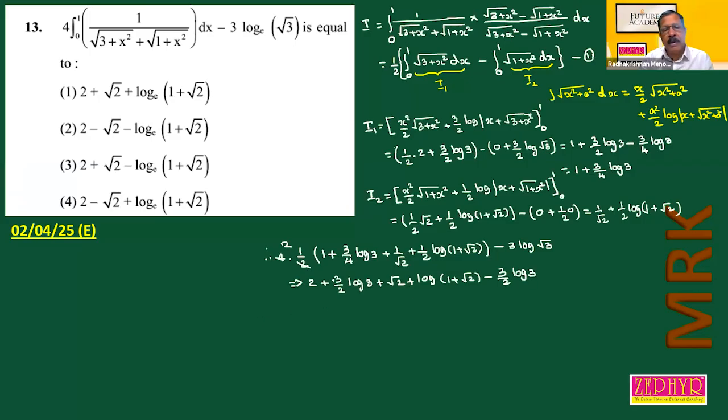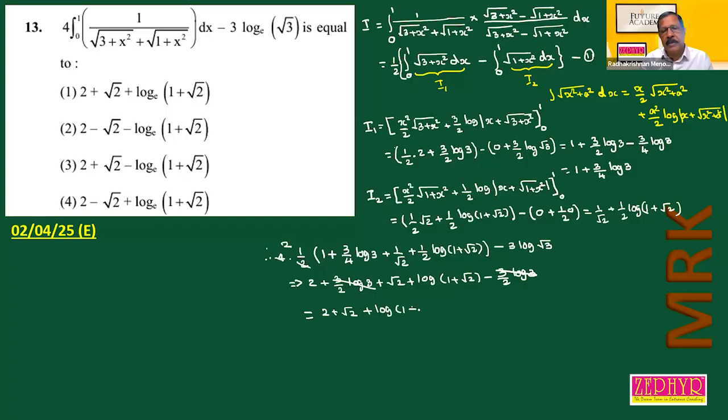That means this 3 by 2 log 3 and minus 3 by 2 log 3 is getting cancelled. So what's remaining now? Which is equal to 2 plus root 2 plus log 1 plus root 2.